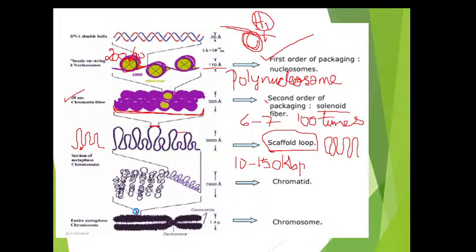The second level is the solenoid. Third is the scaffolding or the folding of this solenoid structure, and the scaffolding will end up in the formation of a metaphase chromosome. This is how the chromosome is tightly packed or condensed inside the chromatid.